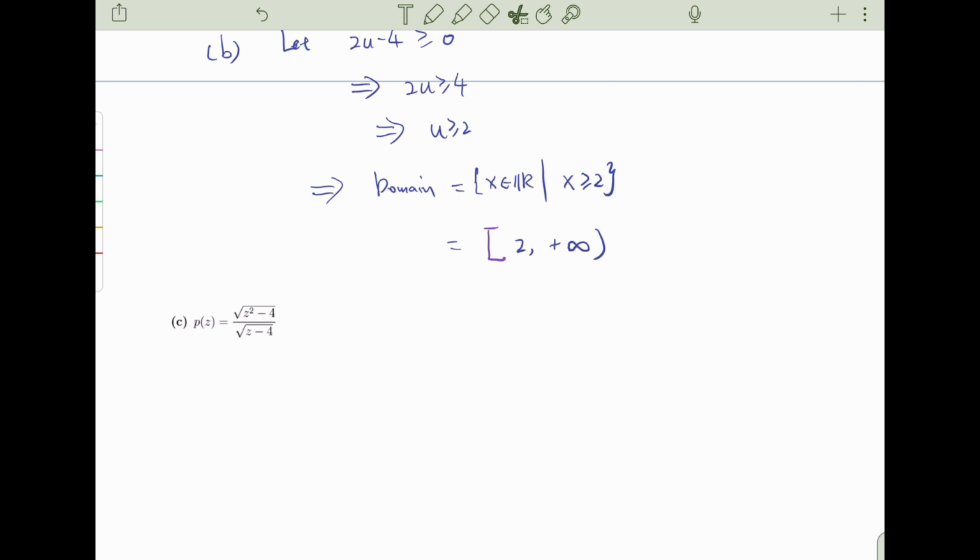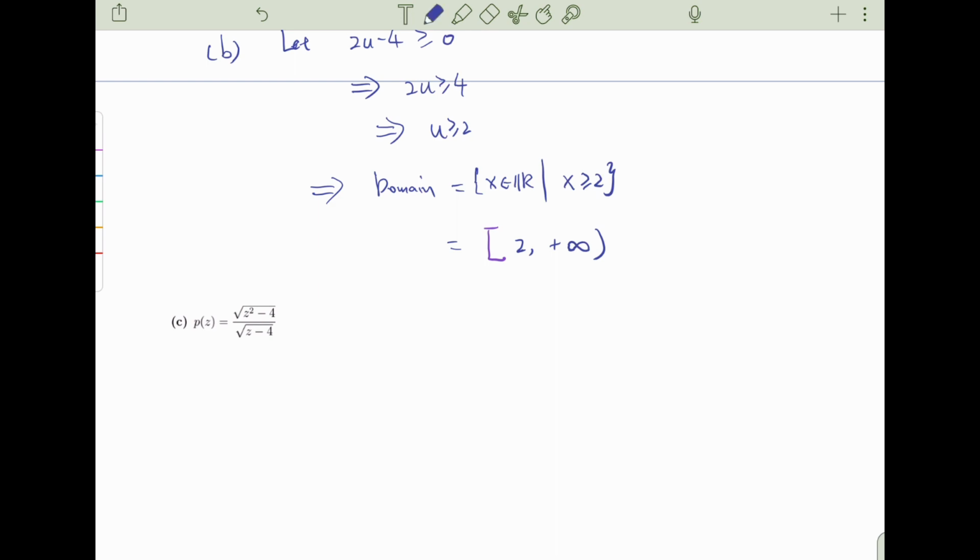In the denominator, we are not allowed to have 0. And underneath the square root, we're not allowed to have negative numbers. So you're going to take these things into consideration. So now we have 2 square roots and 1 denominator. So there are 3 things to consider in this case.